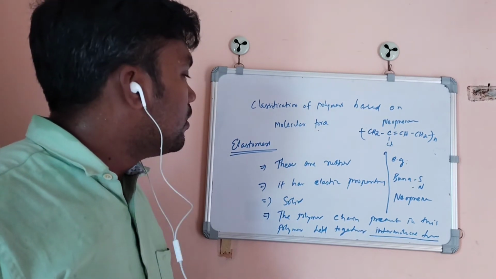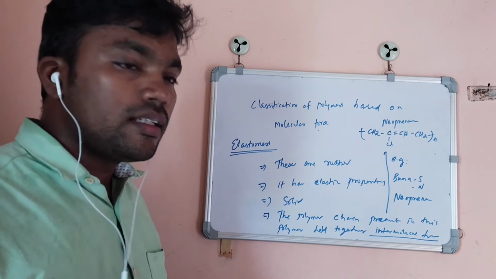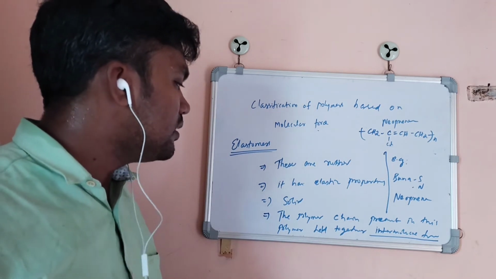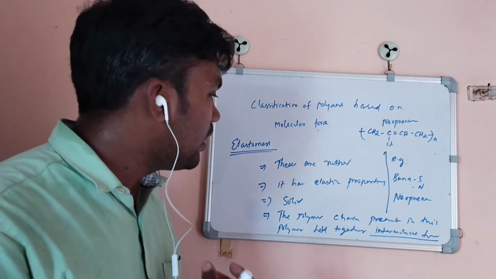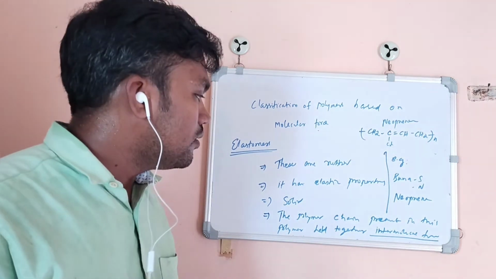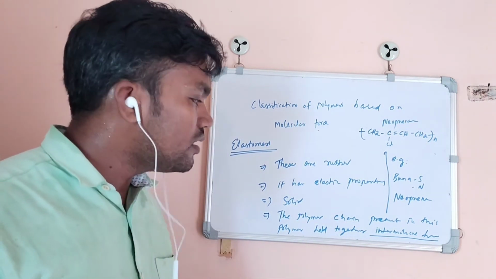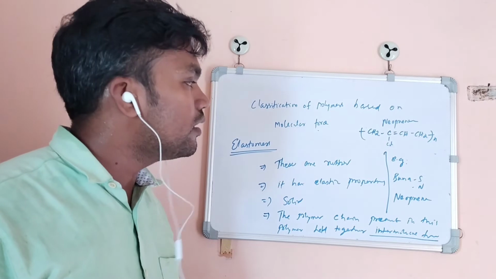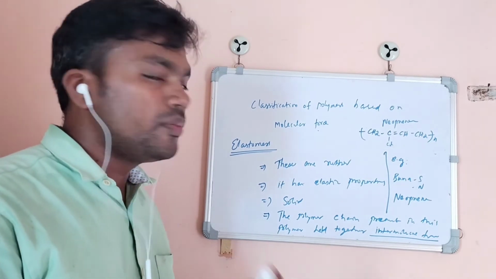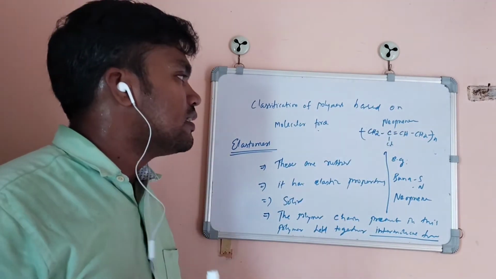These elastomers are rubbers. They have some elastic properties. The physical nature is solid. The polymer chains present in these types of elastomers are held together by intermolecular force. What are the examples for the elastomers? Buna-S, Buna-N, and neoprene. This is the neoprene structure.